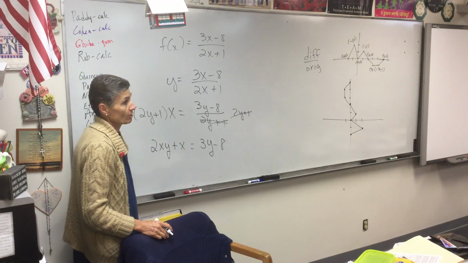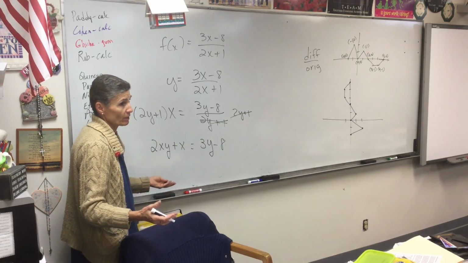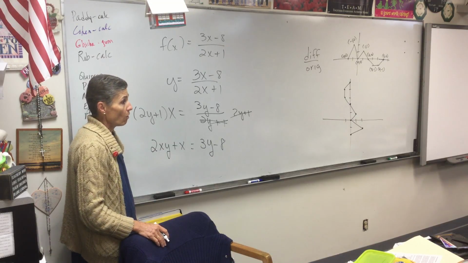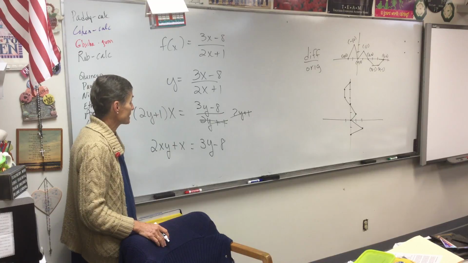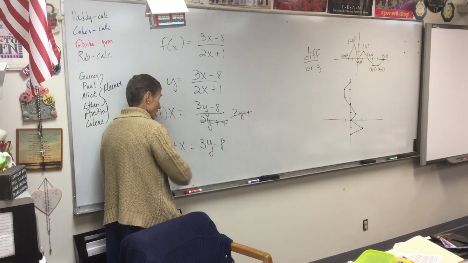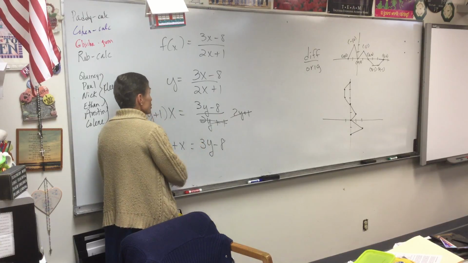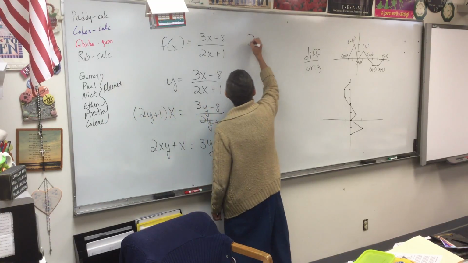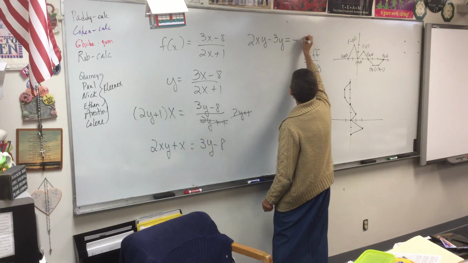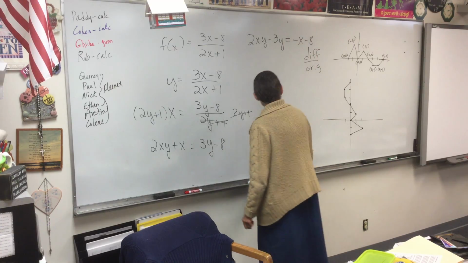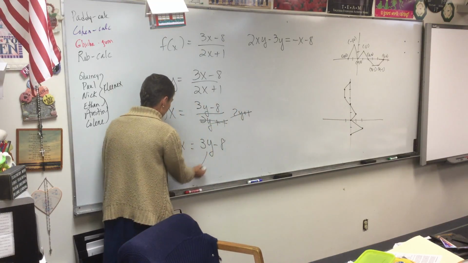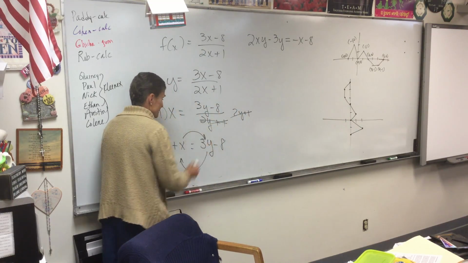All right, here comes the hard step. And it's not a hard step, it's the one we forget though. What do we have to do now? Get all the y's on the same side. So we're going to rearrange the equation, move things around so that all of the y's are on the same side and everything else is on the other side. So I move this over here and move this over here.